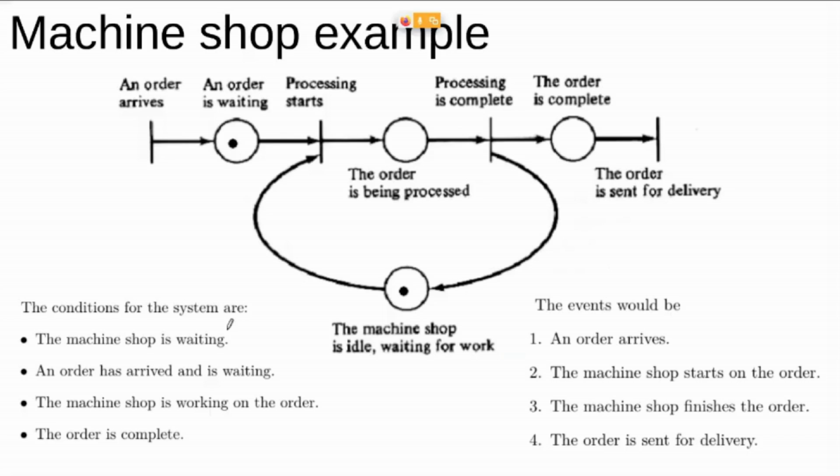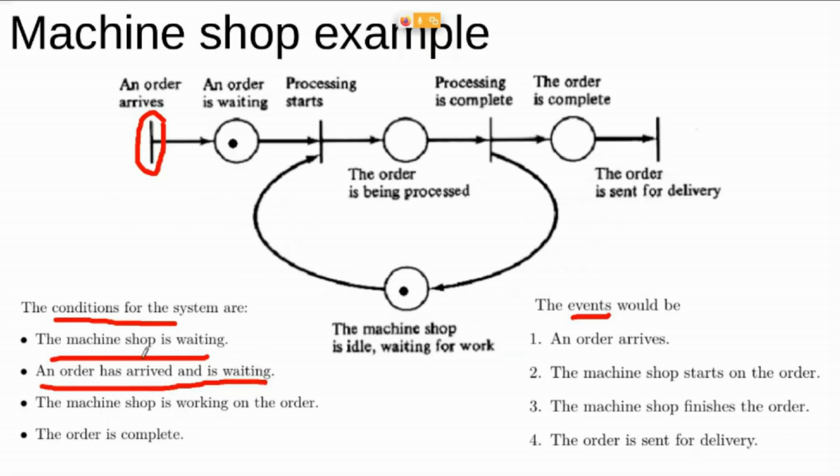Let's check now how these conditions and these events can be represented in a Petri Net model. Well, first of all, I told you that the events are the transitions of the system. So an order arrives, that is the first event, and it will be represented as a transition, as you can see here. Then the condition of the system: an order has arrived and is waiting.